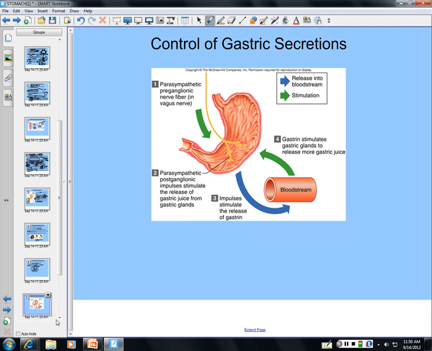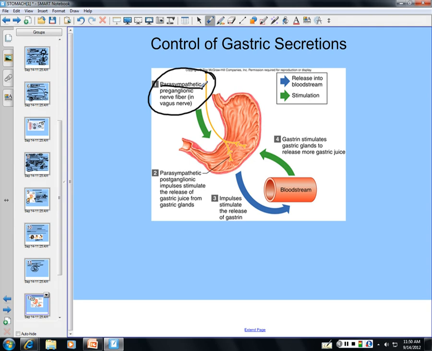Control of gastric secretion depends upon both neural as well as hormonal control. Neural means it has to do with nerves. Remember, you are resting and digesting, so parasympathetic nerves are the ones that are going to be very active. When parasympathetic nerve fibers in the vagus stimulate the stomach, the secretory activity increases.